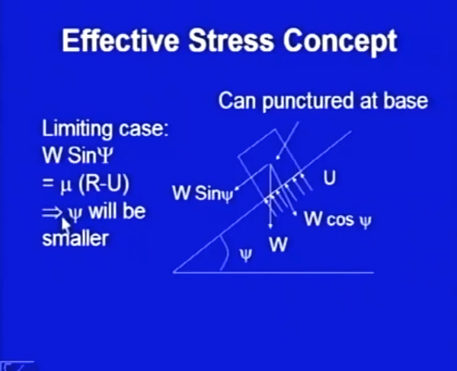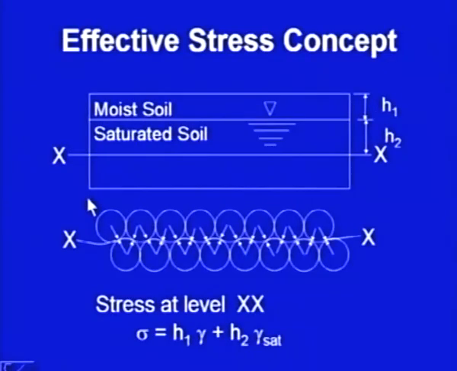And now again you can find out the maximum value of psi for which this particular system will be in equilibrium. In this case, this psi will be smaller than what we obtained last time. So, this gives you the idea that when water is there, it exerts pressure, and because of that pore water pressure, the strength, the frictional force, reduces.